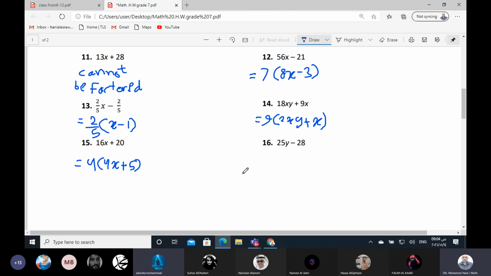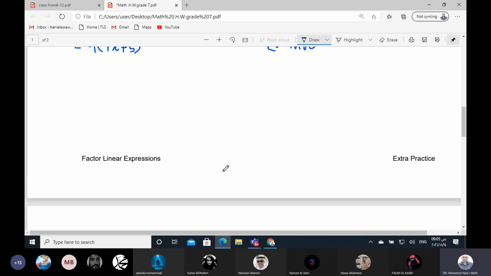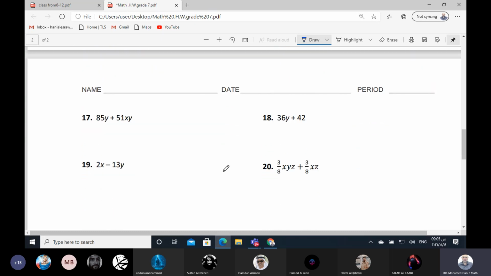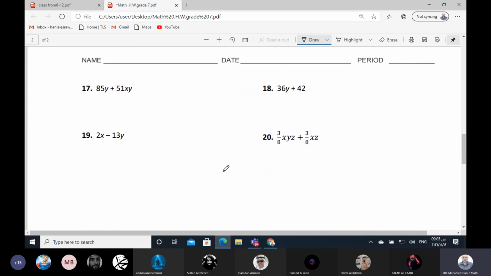Mister, 16 is not factorable. Great. So here cannot. Okay, who can solve number 17? Mister, I think number 17 cannot be.